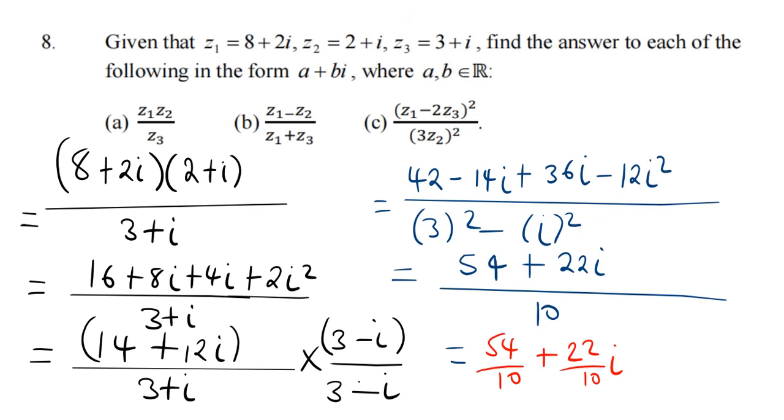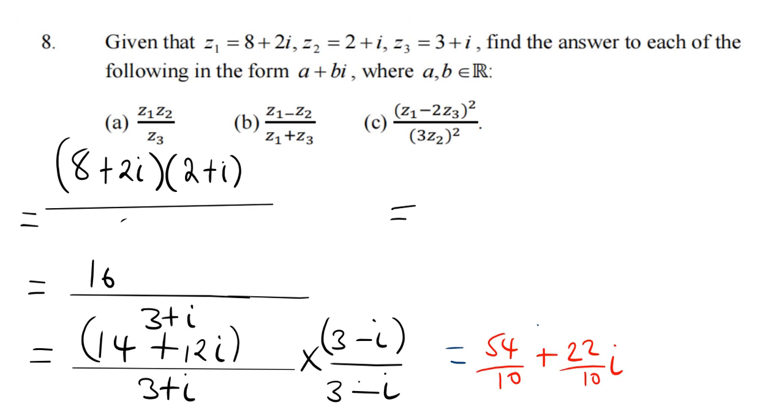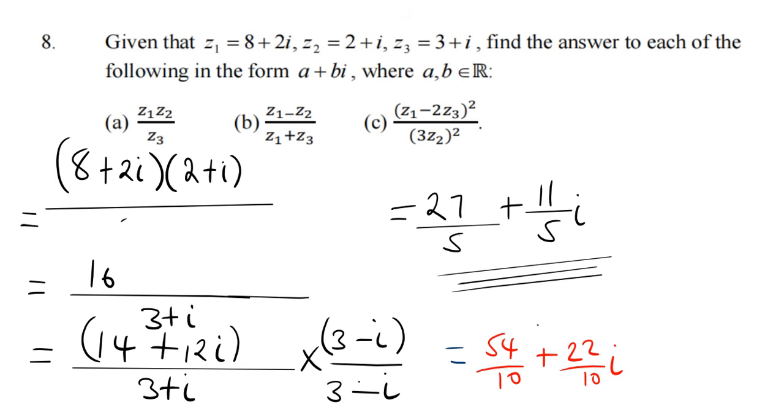Then when you simplify it further, you can look for a number that can divide into all of these. So 2 into 54 is 27, 2 into 22 is 11, 2 into 10 is 5. So 27 over 5 plus 11 over 5i would be our final answer. So that is how we solve the first one.